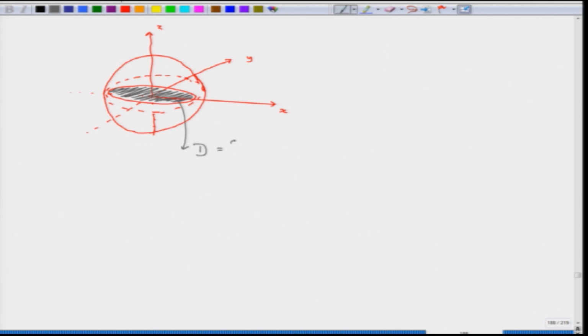That elliptical domain will consist of all x, y such that x square plus y square by a square is less than or equal to 1. Equal to 1 means the ellipse and less than or equal to 1 means the region inside the ellipse, with a lying between 0 and 1, some number. If it is 1, it will become the whole circular domain.